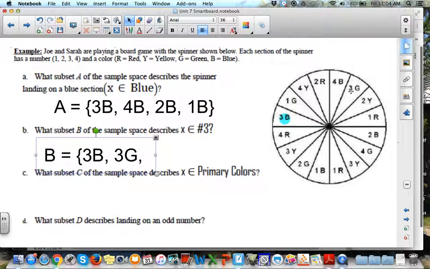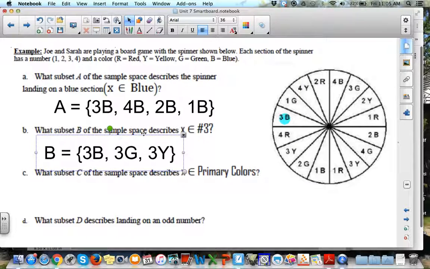Got a 3G. Keep on going around. We've got a 3Y. We have another 3Y. Do you think we have to write that again? Hopefully you said no, even though you probably think it's dumb to answer me when I'm not there. But 3Y, we don't need to list that again, because it's already listed as a member of the set. We do not want to repeat elements.